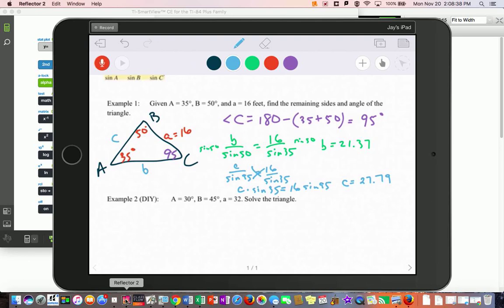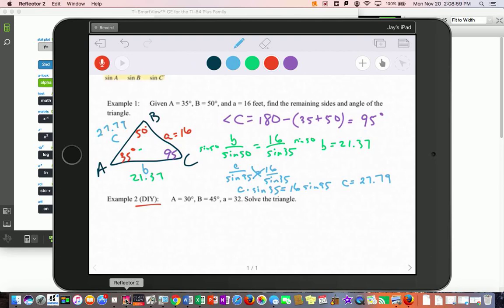If you put that in there, 27.79 and 21.37, just to double check, the smallest angle and smallest side are opposite, and the biggest angle and biggest side are opposite, so that's what you want to end up with at the end.